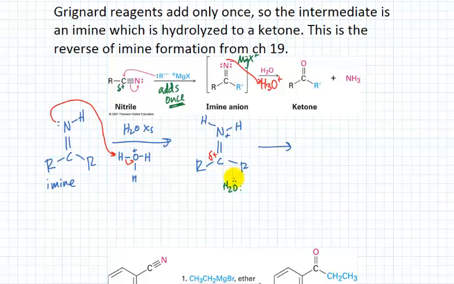I'm going to draw these arrows for you like that. And what I want you to do is see if you can complete that mechanism using what we know about what has to happen, as well as familiar mechanisms before. What we have to end up with is going to look like this. And if I draw it in the direction that we're doing these things, it's going to look like this. R C double bond O, ketone.